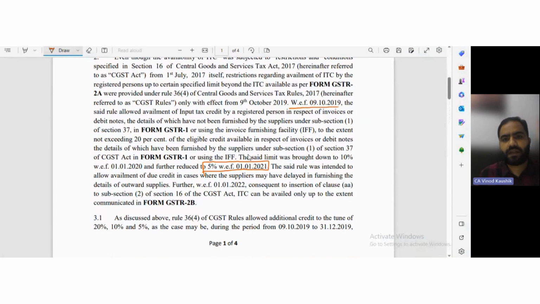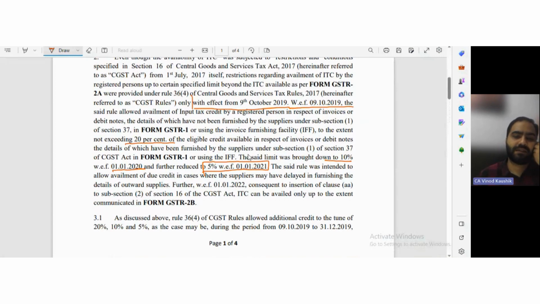With effect from 9th of October 2019 it was allowing only 20%. Then from 1/1/20 it was allowing 10%. And then from 1st of January 2021 it was allowing 5% only. So basically there were three percentages wherein ITC was allowed subject to that.